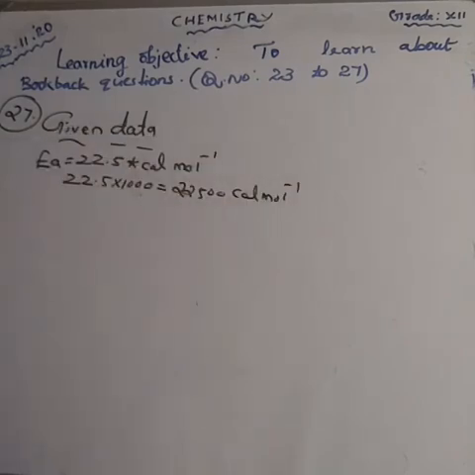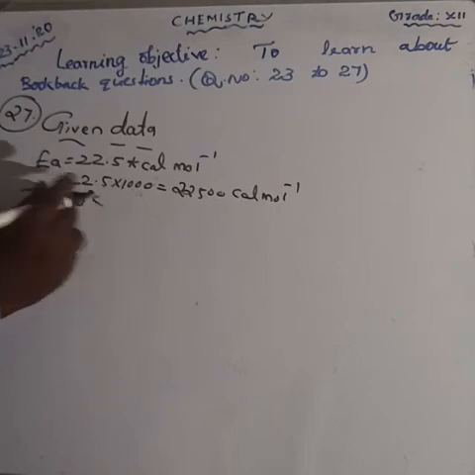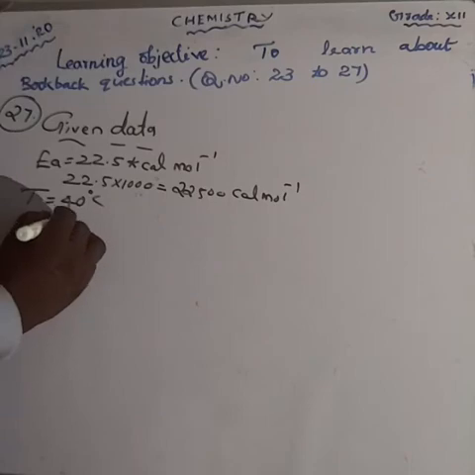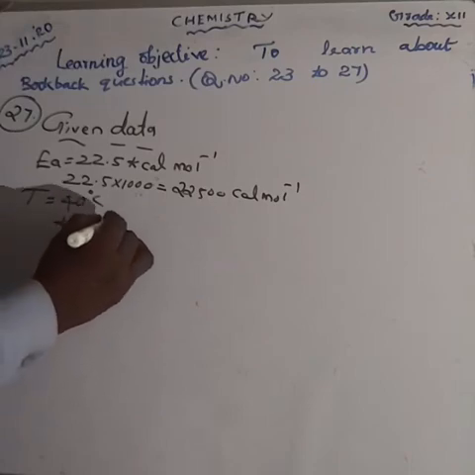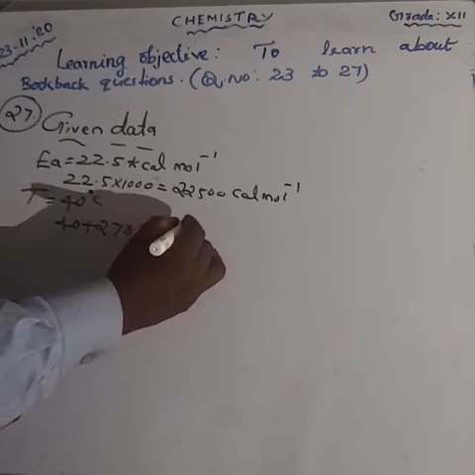So that is the first step. Next one is the temperature. T is equal to 40 degrees Celsius. It is given in Celsius. How to convert it to Kelvin? We add 273. So 40 plus 273 is equal to 313 Kelvin.